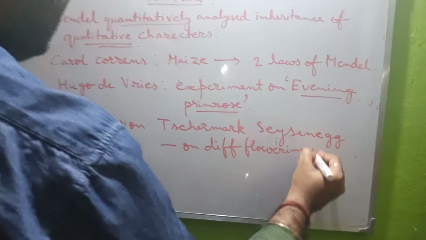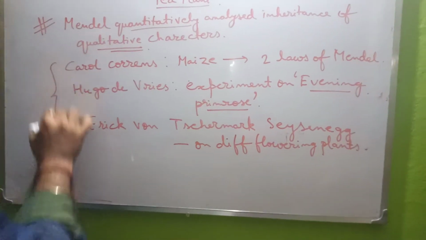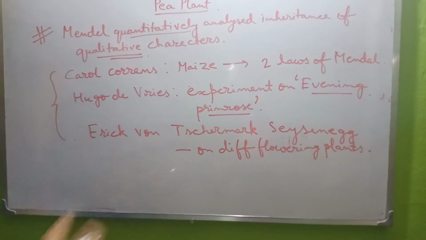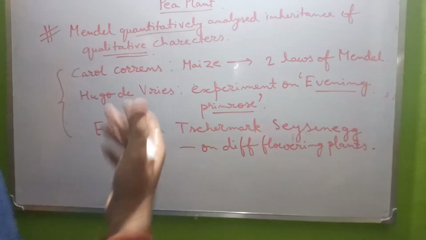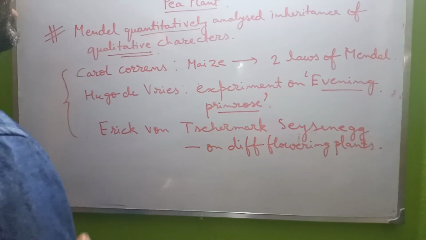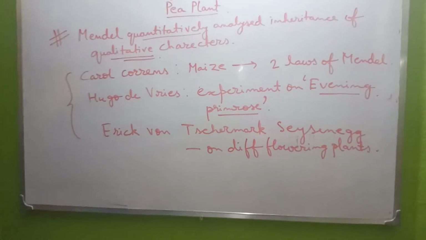So these 3 scientists worked after Mendel's death, and they saw that yes, whatever Mendel had analyzed in his pea plant experiment in the 19th century was not wrong, and that was correct.